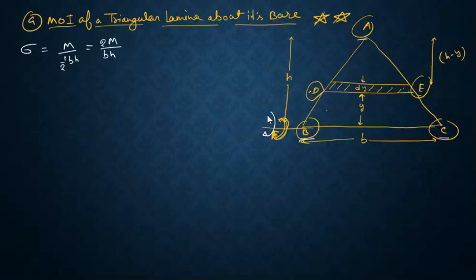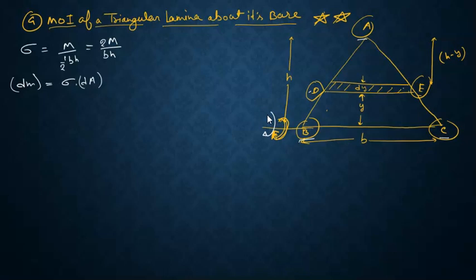Now the second step is to find the elementary mass of the strip element, that is equal to sigma into dA, where dA is the elementary area of the strip. But to find the elementary area, we need to find the length of DE.